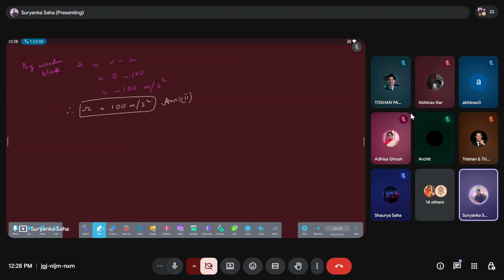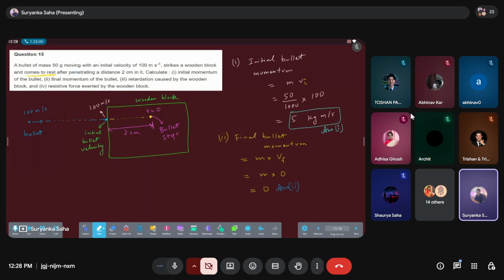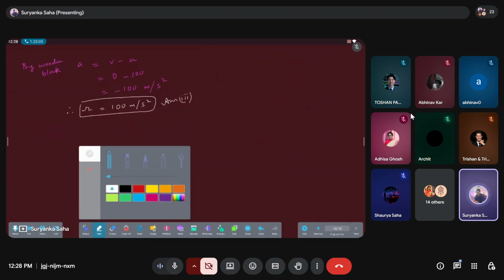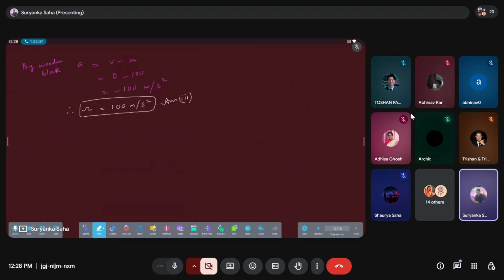Part 3, what they are asking for is part 4, resistive force exerted by the wooden block. So resistive force, that is F, will be equal to mass into retardation. So mass of the bullet is 50 by 1000 kg.